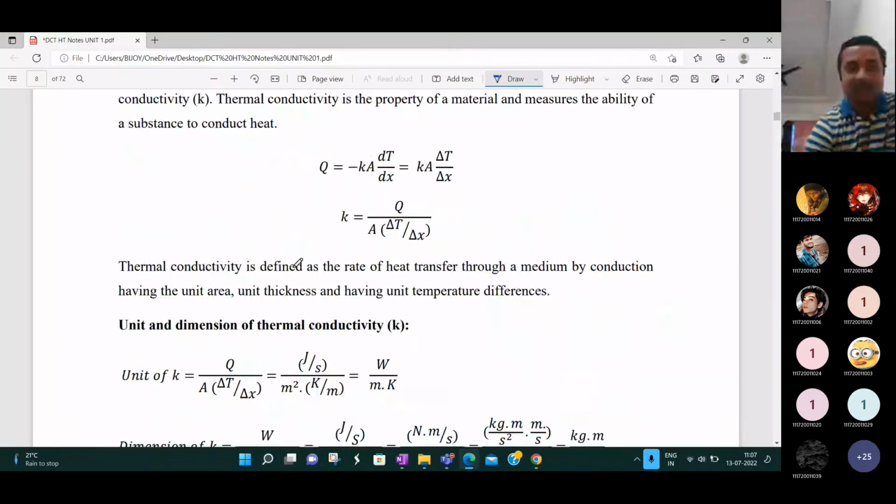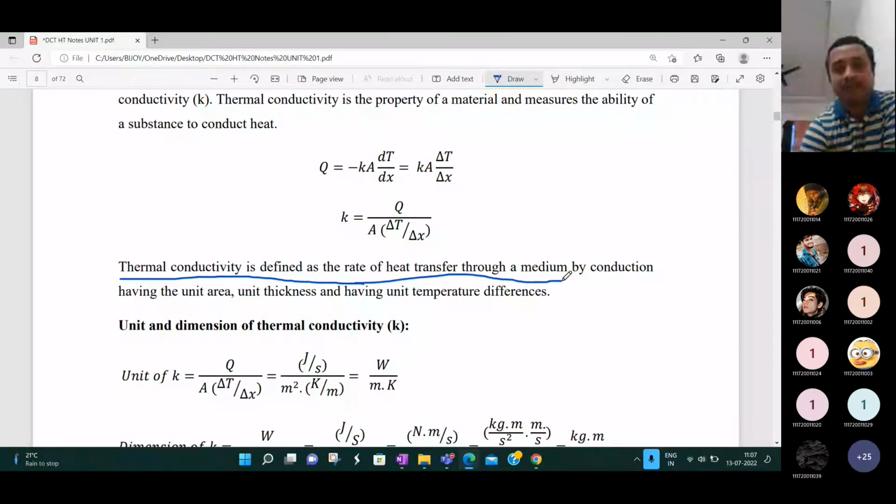Read here. Thermal conductivity is defined as the rate of heat transfer through the medium by conduction. It means K is equal to Q, as I discussed right now.